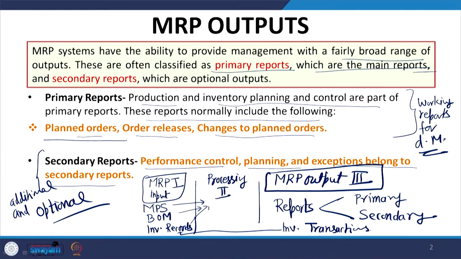Now, when we are discussing this output part, time fencing and quantity are the two important decisions which will come in planned orders and order releases: when to order and how much to order, same as we discussed in our independent inventory management system.